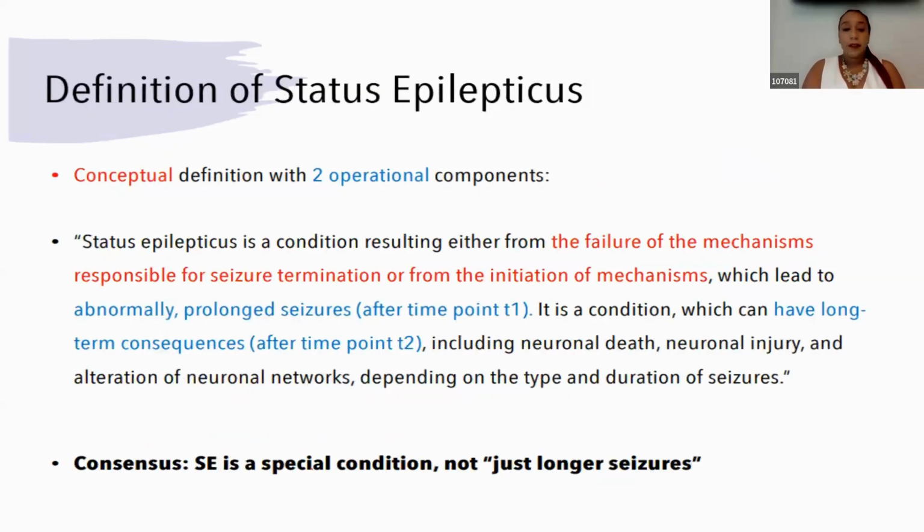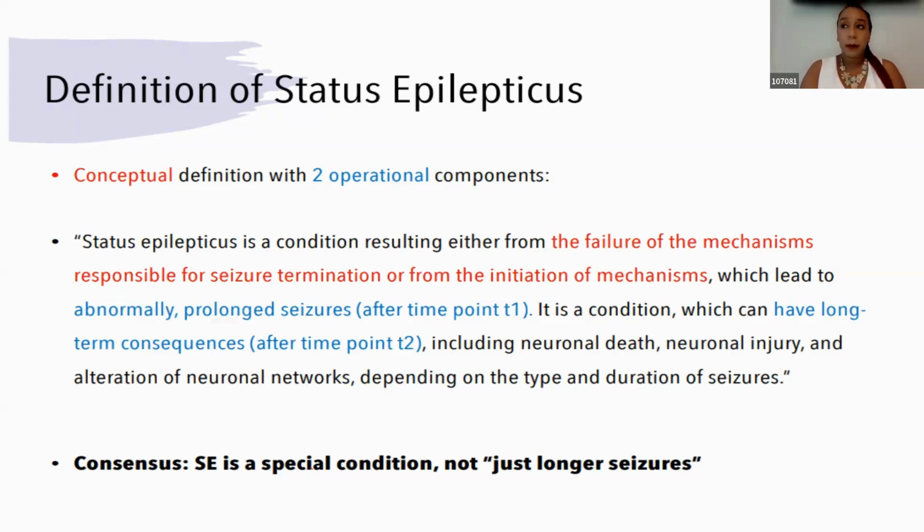So what is status epilepticus? Status epilepticus has a conceptual definition and 2 operational components. When we say status epilepticus, we're saying there's a failure of the mechanisms that stop the seizure, or there's initiation of a mechanism that leads to continued seizure activity. T1 is the point where the seizure needs to be intervened on.